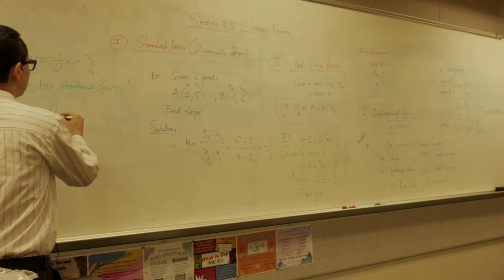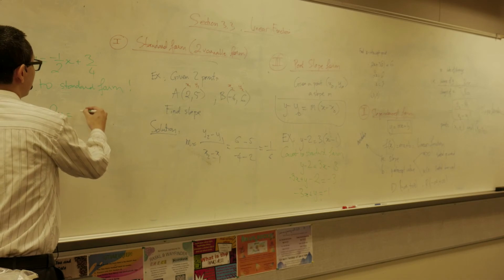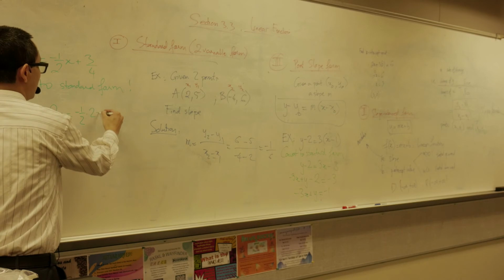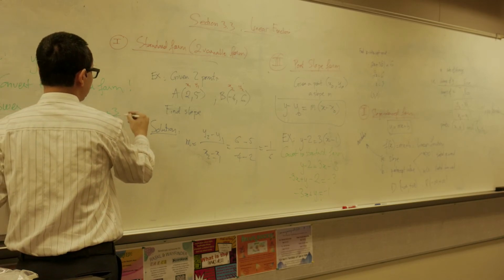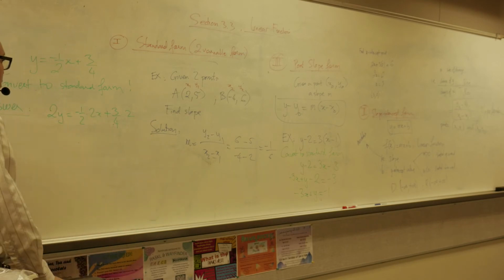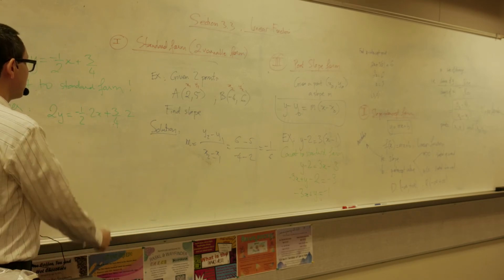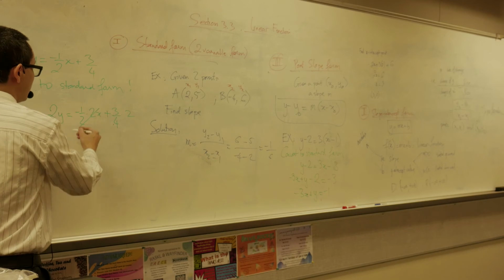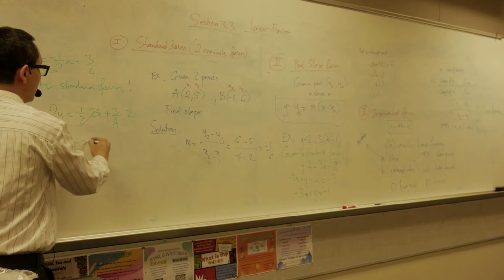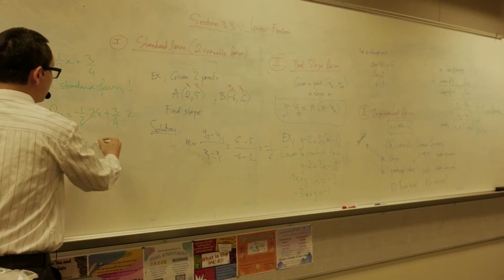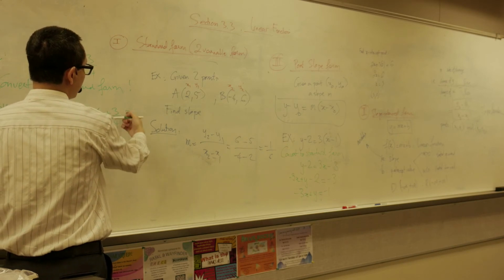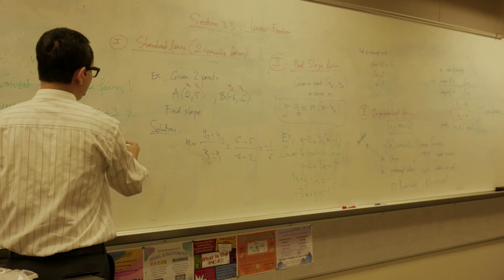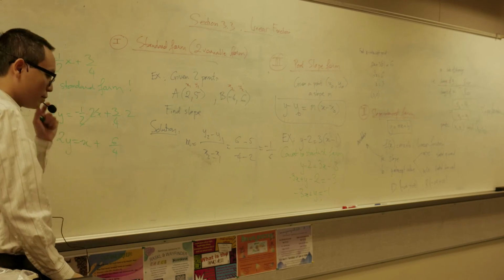So I'm going to have 2y equal negative 1 over 2 times 2, right? Let me do it step by step. 3 over 4 times 2. So you see that this 2 and this 2 cancel out, so you have 2y equal negative x plus 2 simplified with 4, or you can multiply this to give you 6 over 4, if you want to.